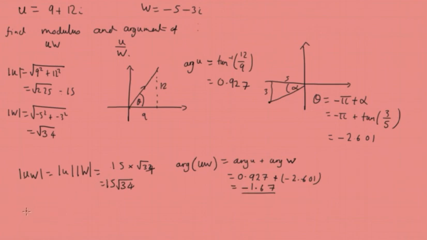And then for the modulus of u over w, that is going to be the modulus of u over the modulus of w, which is 15 over root 34. What we would do to tidy this up, because we don't want the surd on the bottom, is multiply it by root 34, so that gives us 15 root 34 over 34.